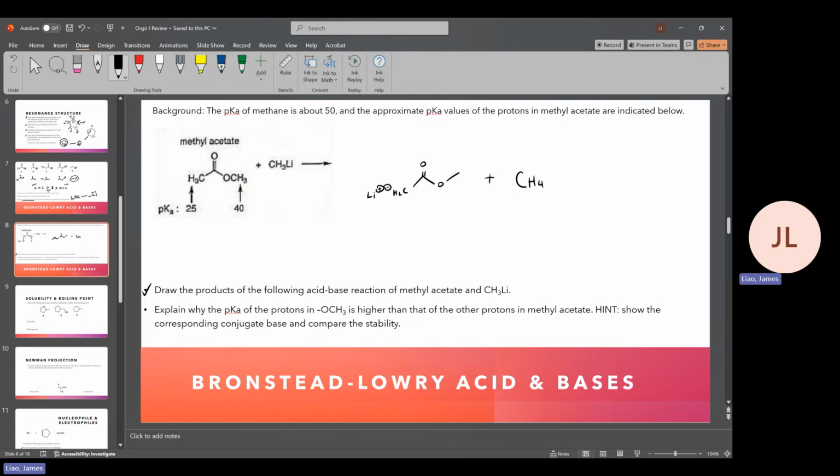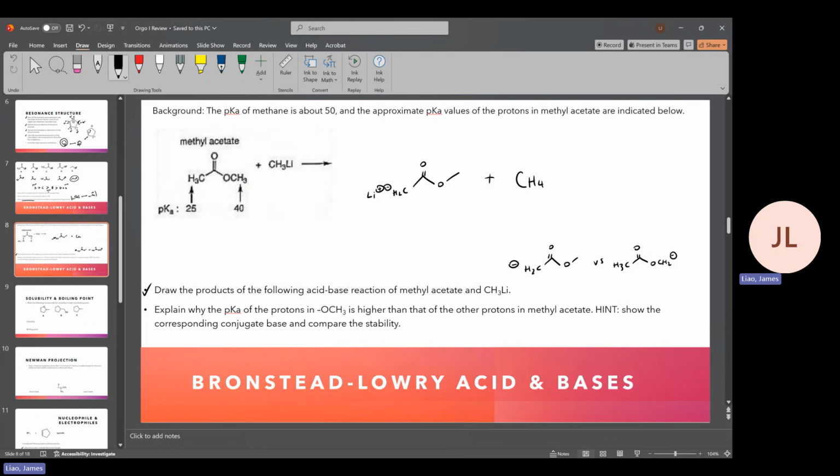Now we have to explain why the pKa of the protons of the OCH3 is much higher than that of the other protons of the methyl acetate. Well, if we draw and compare the two dissociated protons, H2C minus with this, and then compare that with H3C, we can tell that in this one, if we try to move the arrows, if we take the proton with a pKa of 40, we cannot move it.